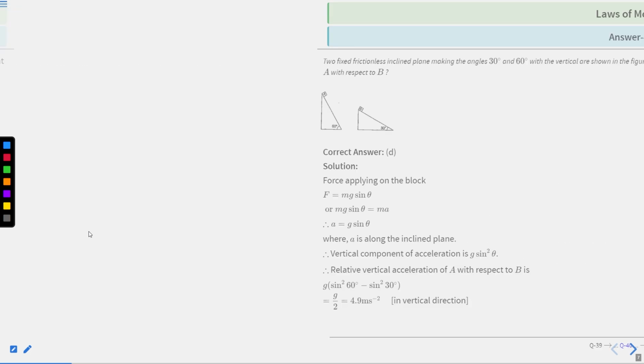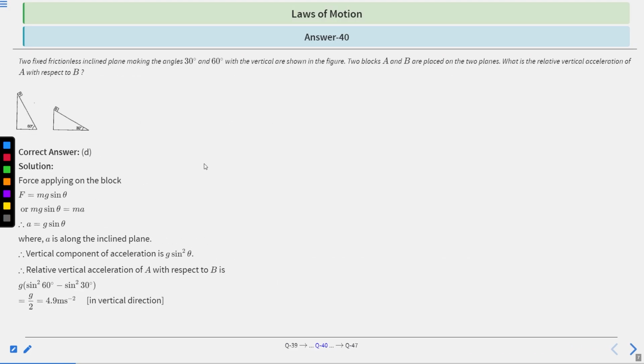Let's find the solution. The force applying on the block is F equal to mg sin theta. This force is applying on the block. So mg sin theta equals ma, so a equals g sin theta, where a is along the inclined plane.